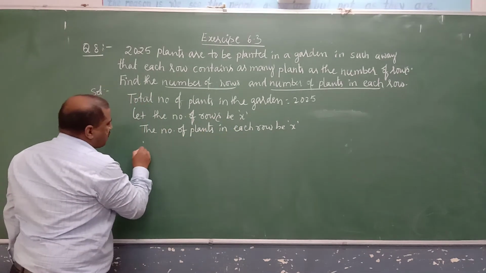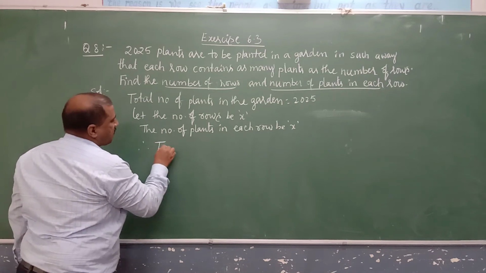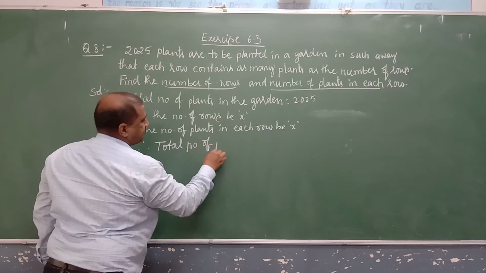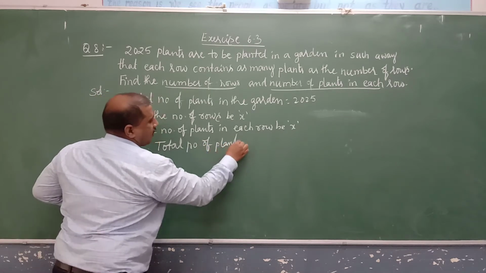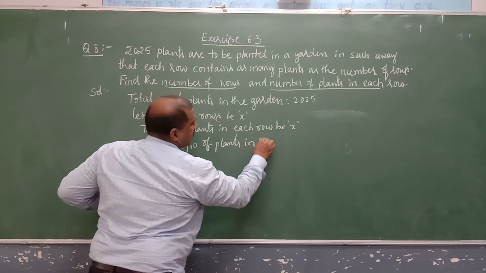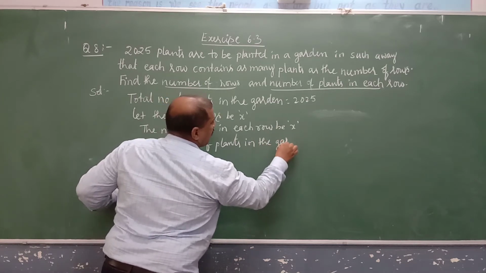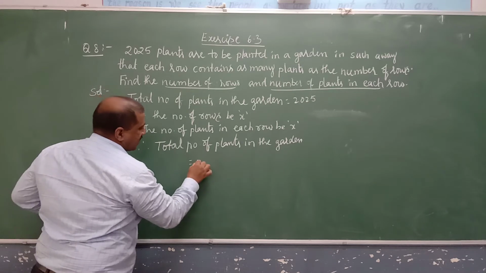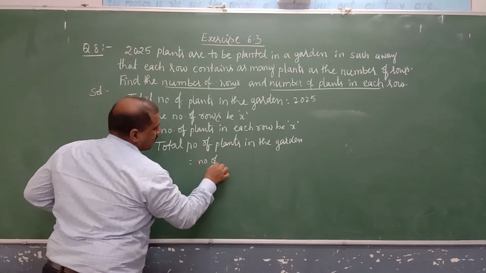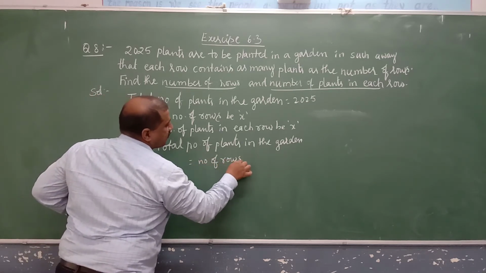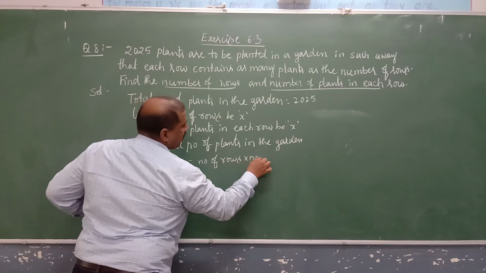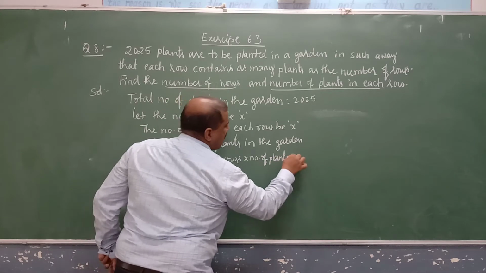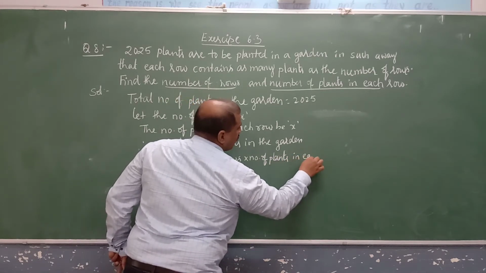Therefore, total number of plants in the garden is equal to what? Number of rows into number of plants in each row.